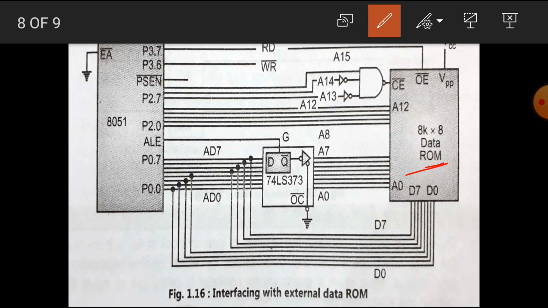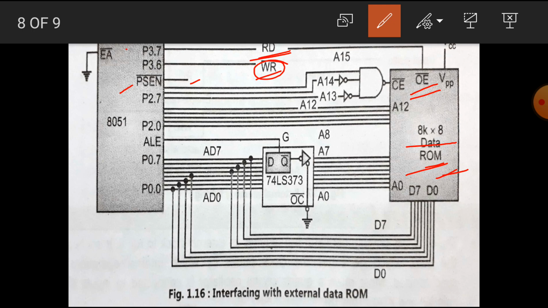Here is the external data ROM. Means in this type of ROM we can only read the data. Hence this read pin is connected to the output enable pin, while the write operation is not allowed in this type of ROM. Hence this pin is left unconnected. Also the PSEN pin is left unconnected.